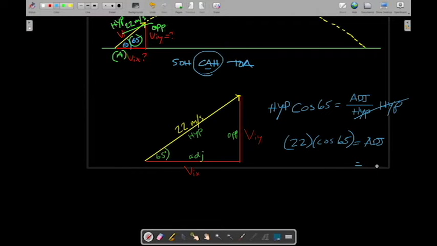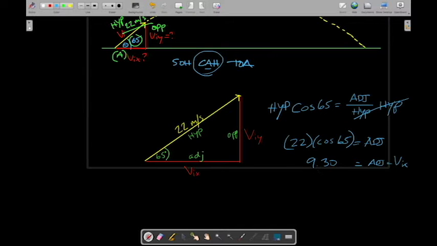So 22 times our cosine of 65 gives me 9.297. I'm going to say 9.30. This is our adjacent, which is also known as your v initial x.